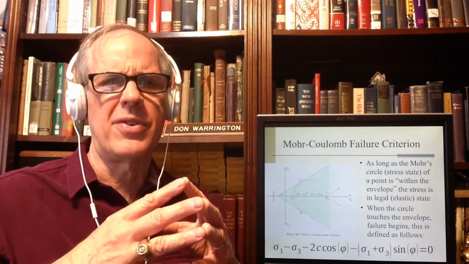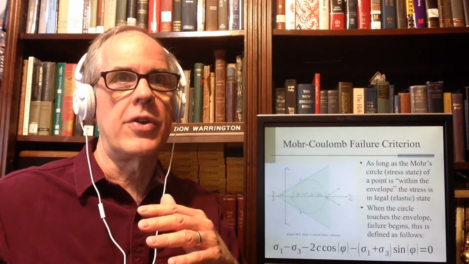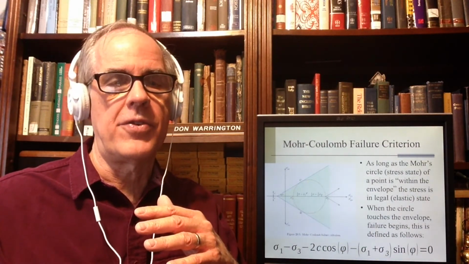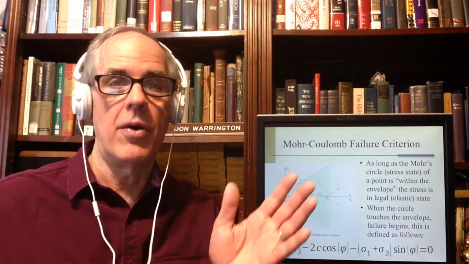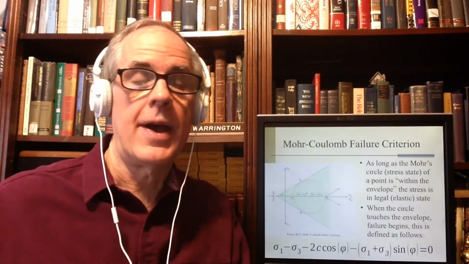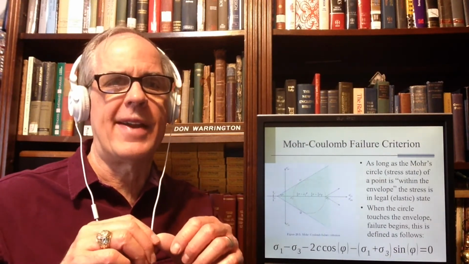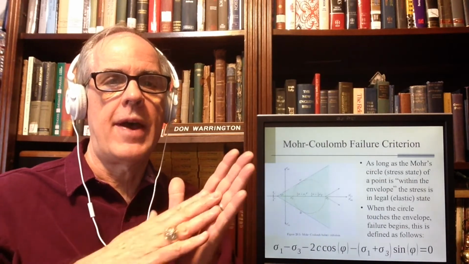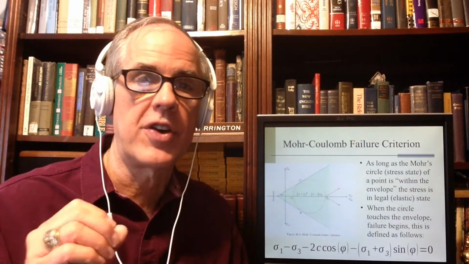For any soil, if C and phi are both 0, the soil probably doesn't exist. You're going to get one or the other or both. But phi is the internal friction, and it's a measure, and we're going to come back to this, of how soil particles rub together and have friction.